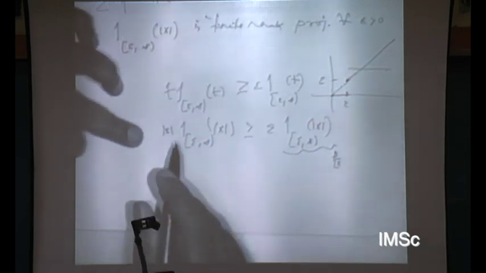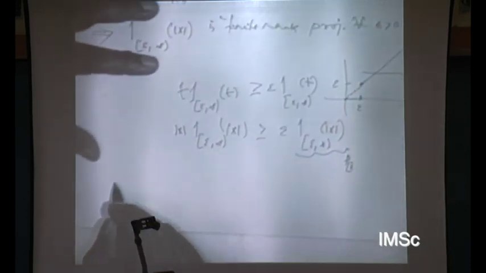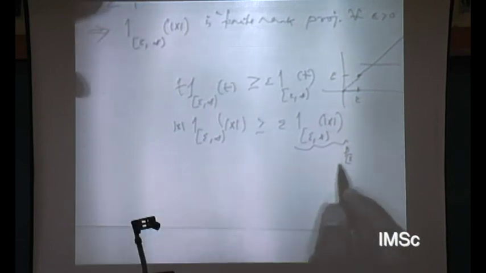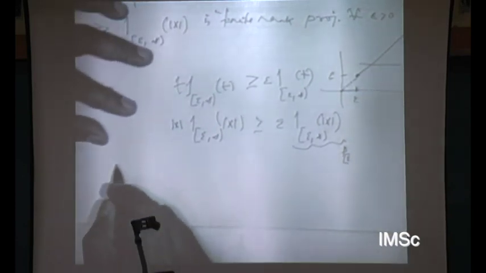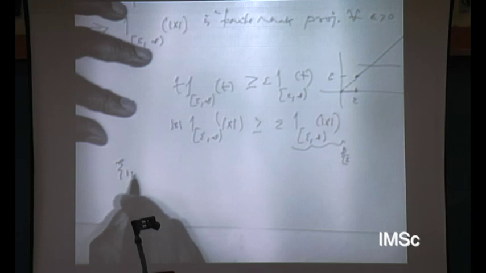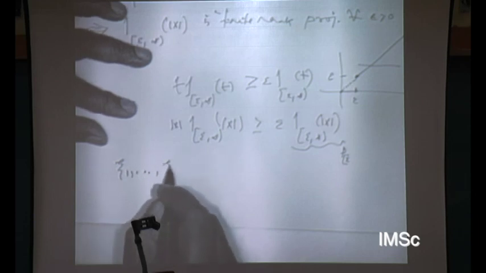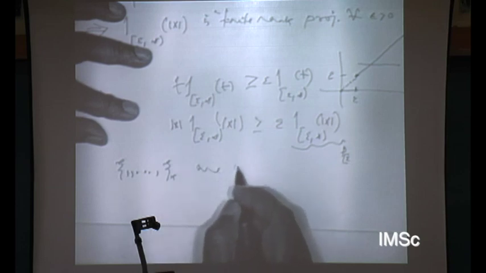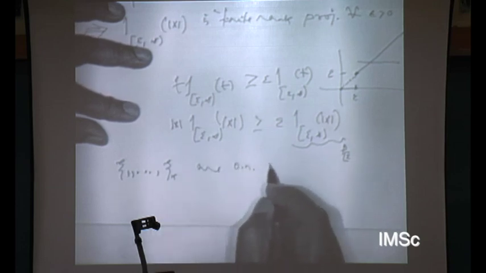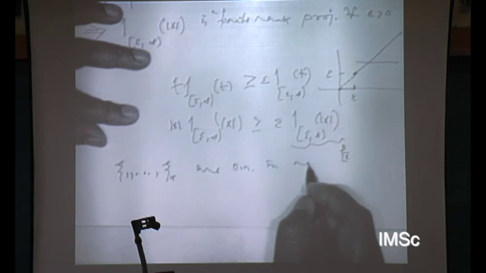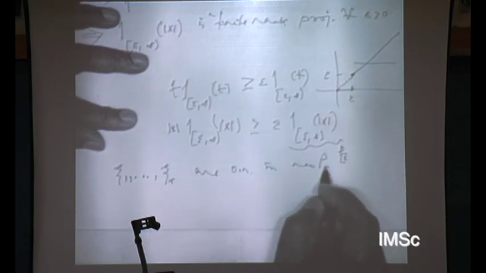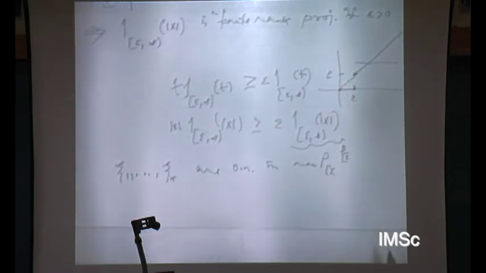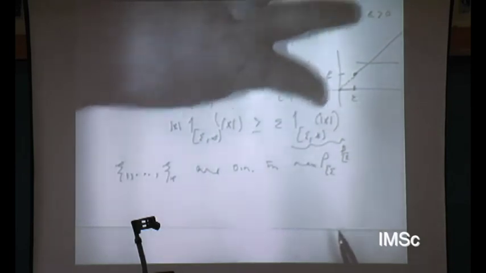What does this say? This says that suppose xi 1 to xi k are orthonormal in the range of P epsilon. I want to see what this thing says.